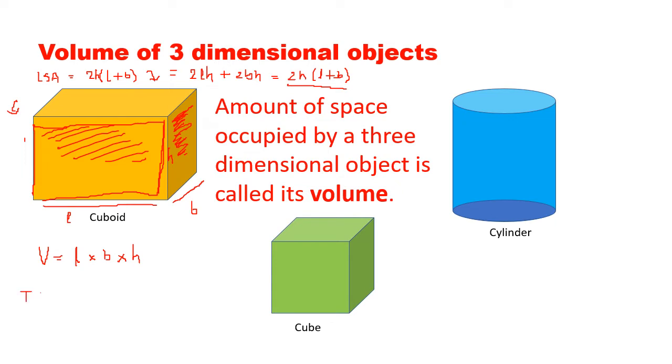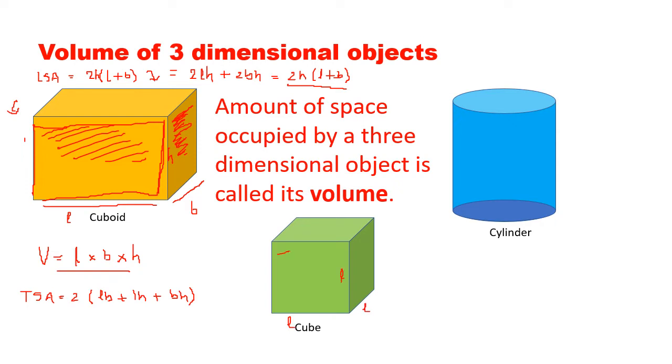The total surface area of a cuboid was given by the formula 2 bracket LB plus LH plus BH, and the volume was given by the formula L into B into H. So I hope you have understood all the formulas so far. In the cube, the length, the breadth and the height all are equal.